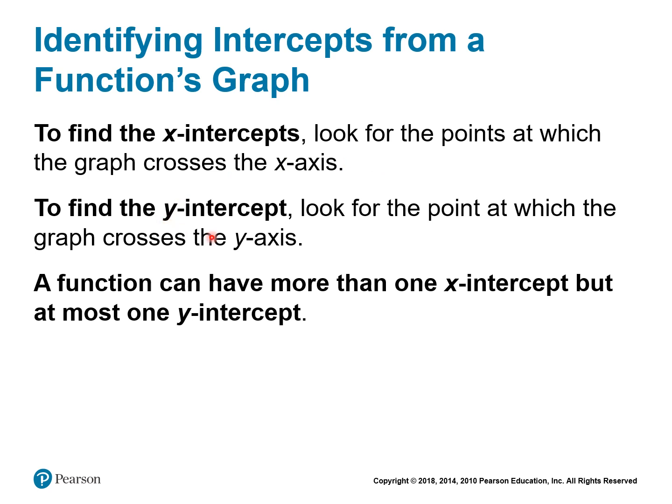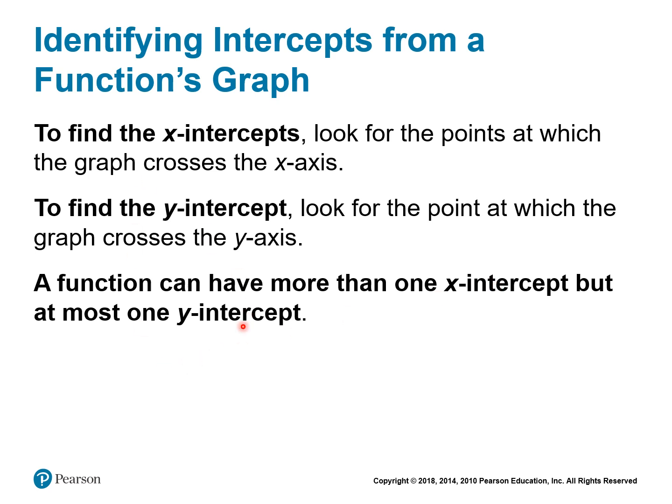The y-intercept is the point where the graph intersects or crosses the y-axis. It is possible for a graph to have more than one x-intercept. That means the graph can cross the x-axis at multiple points.